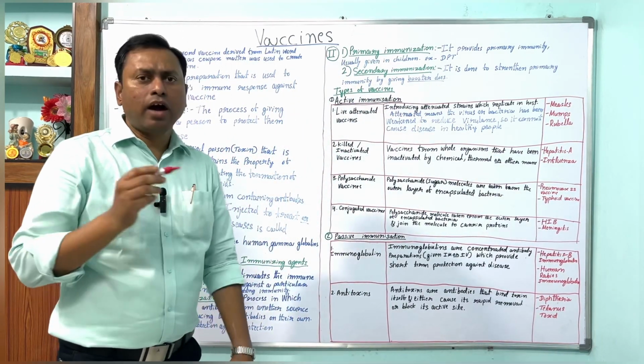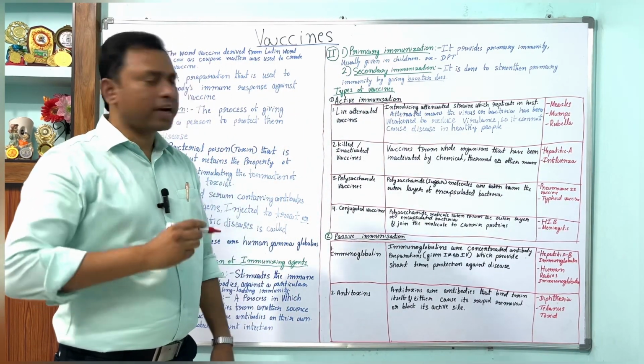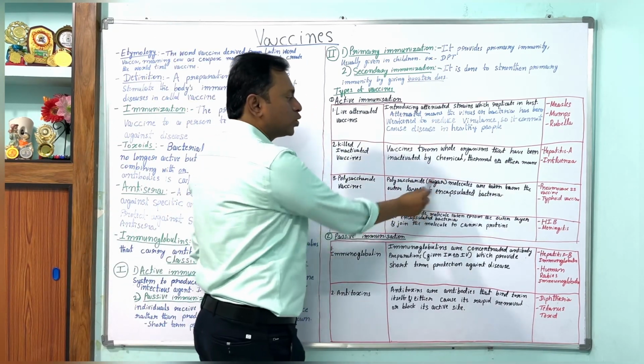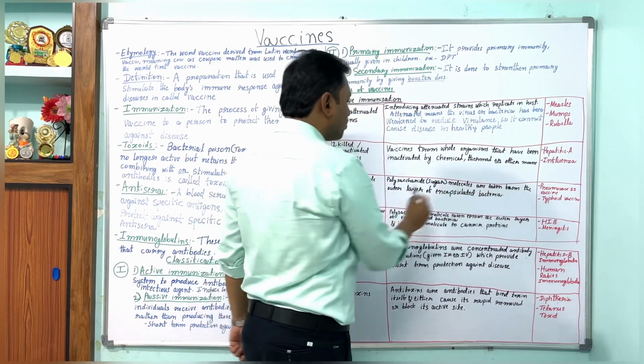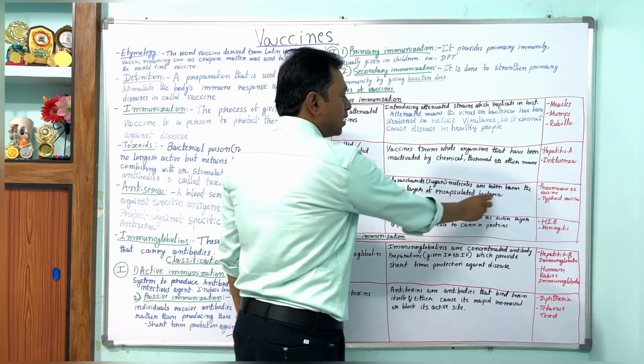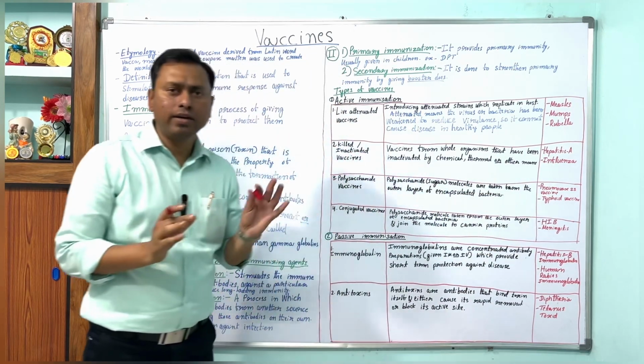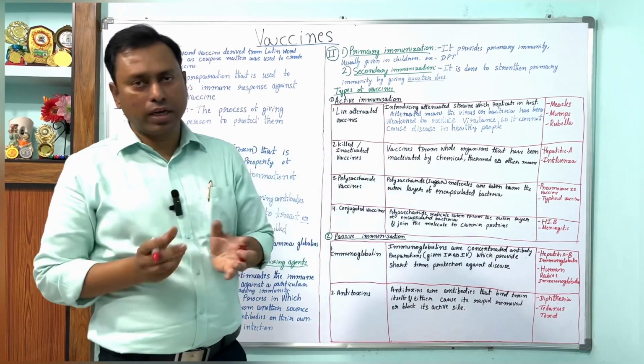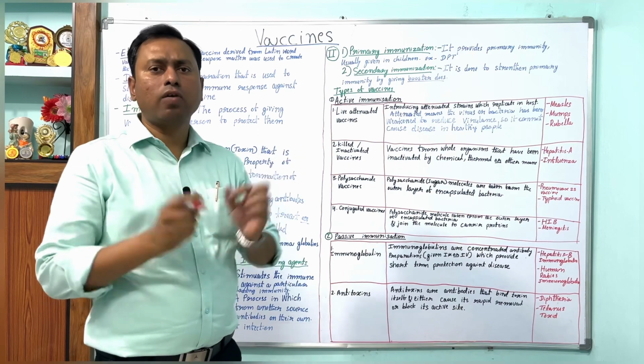Now the third one, the polysaccharide vaccines. Polysaccharide means sugar molecules taken from the outer layer of encapsulated bacteria. Here we are not taking the whole bacteria, only a small outer part.